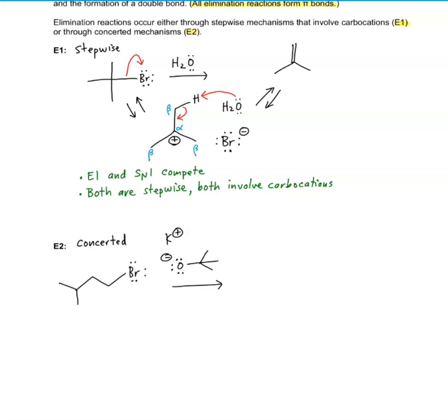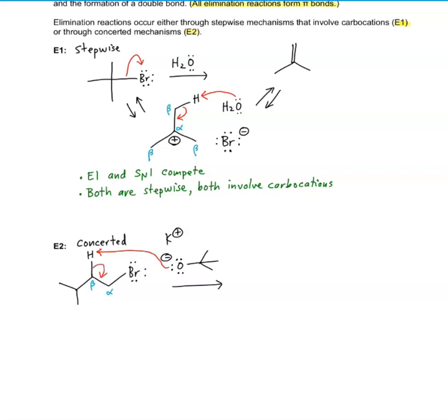Okay, so in an E2 reaction, again, this is concerted, the leaving group is attached to the alpha carbon, and one carbon away from that is the beta carbon. So I'm going to draw one of the hydrogens that's attached to the beta carbon, and what happens in an E2 reaction is that a base removes that proton. So we draw an arrow starting at the base, pointing to the proton.